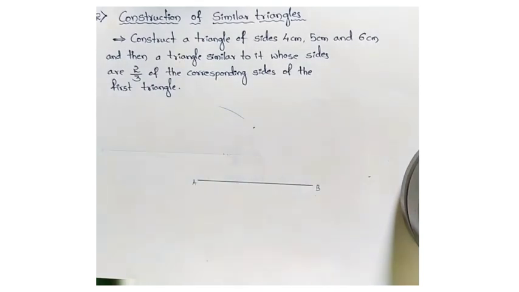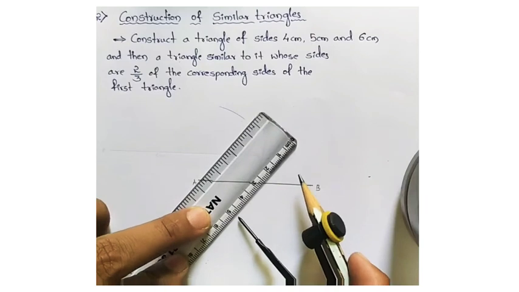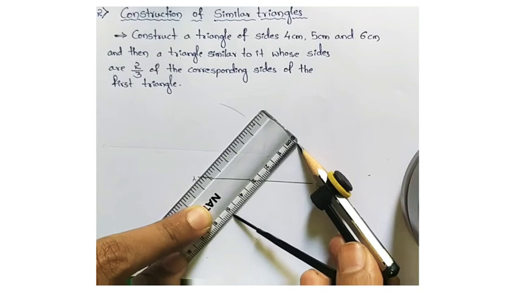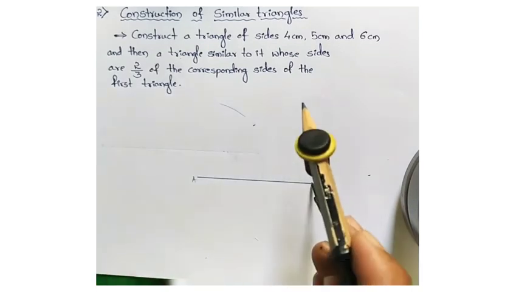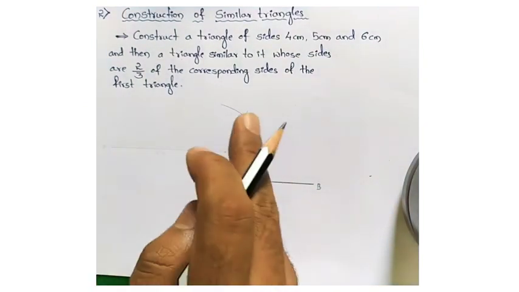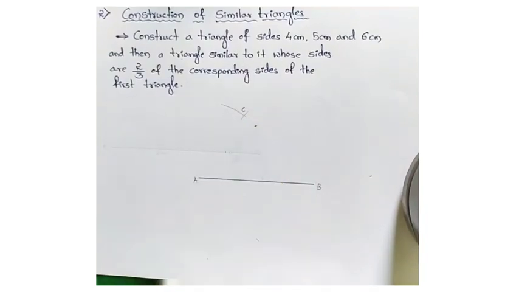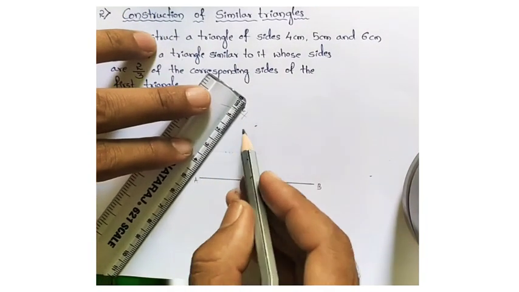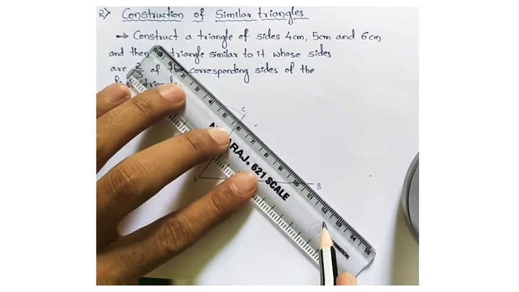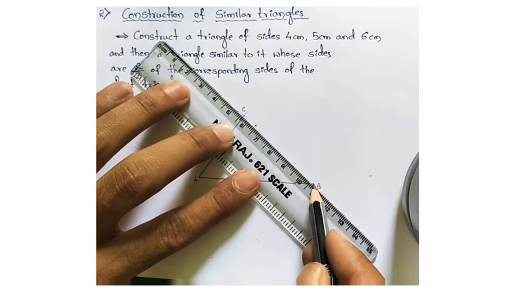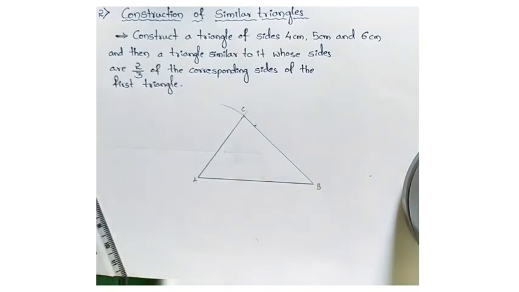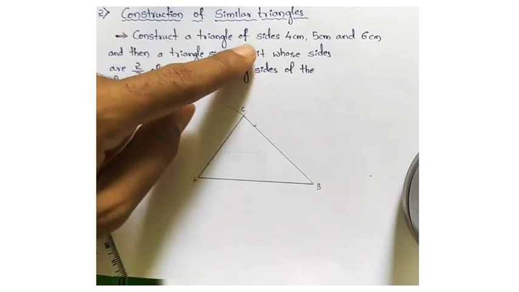Okay, so similarly take side 5, okay, cut it from the B. So where both arcs will intersect, it will be your point C. Okay, so now join A as well as B to C. Okay, now our triangle is ready.